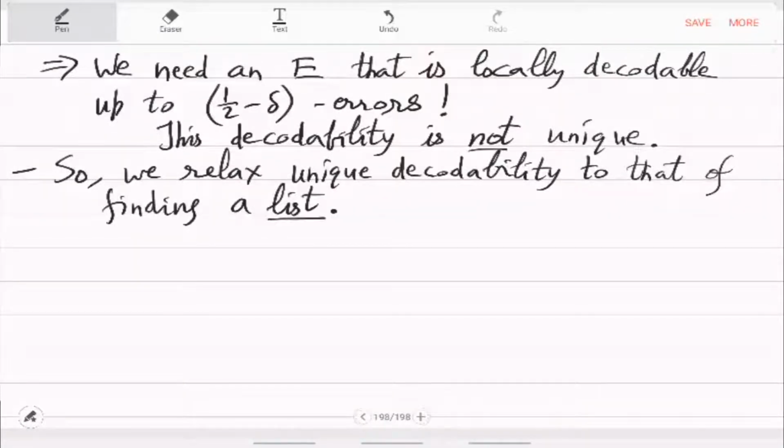Okay, so this is called local list decoding. But whether it is possible or not, that will depend on how long the list is. So, let us first show that, and that is called Johnson's bound.